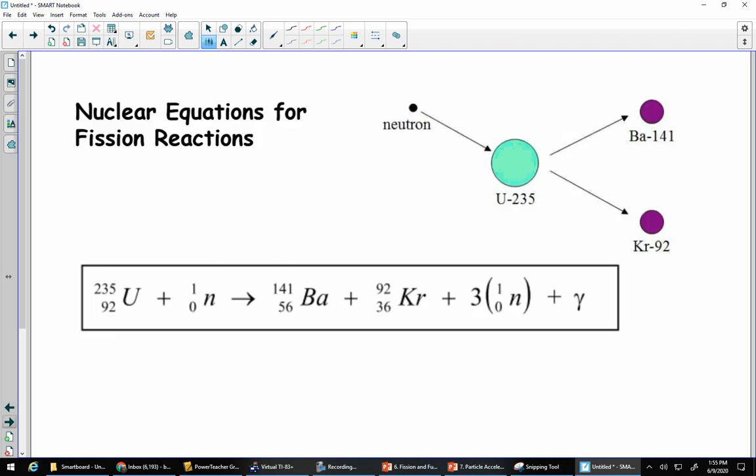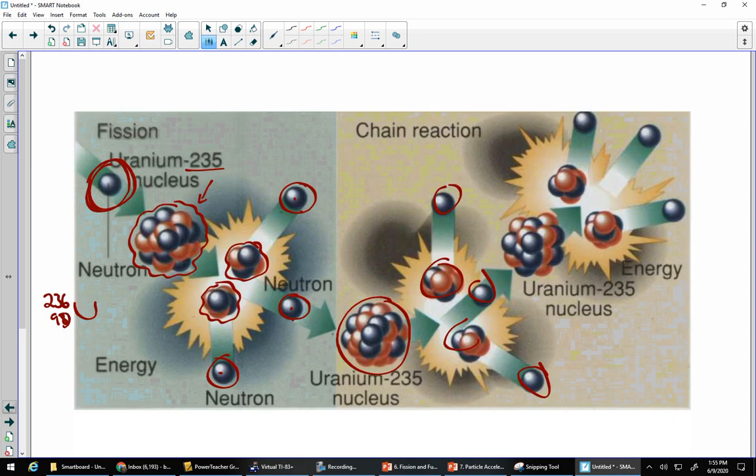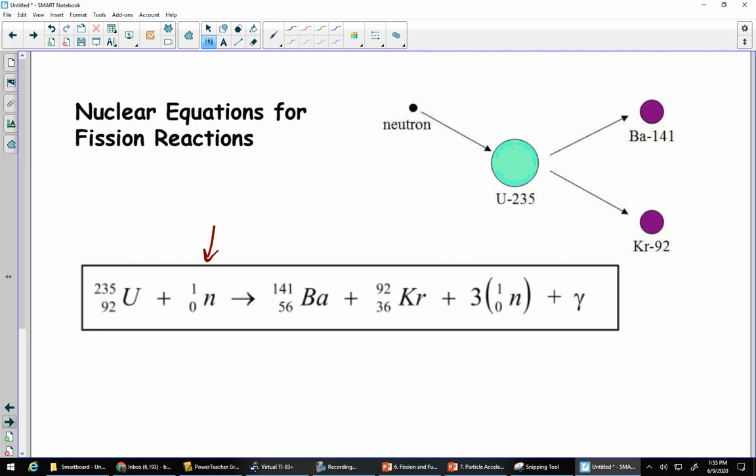Fission reactions start with a slow-moving neutron attaching to, a lot of times, uranium. Oh, it's 92, not 98. My bad, I was going off memory there. Sorry, folks.